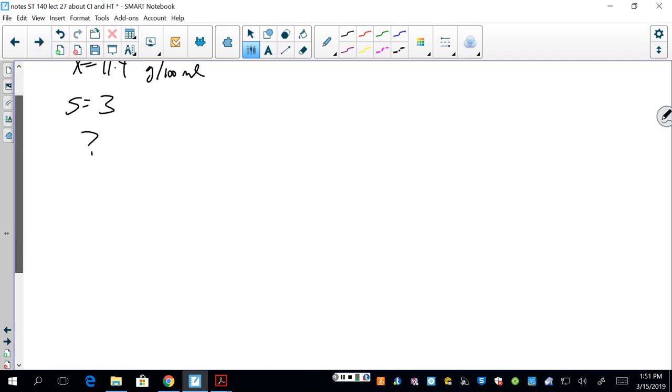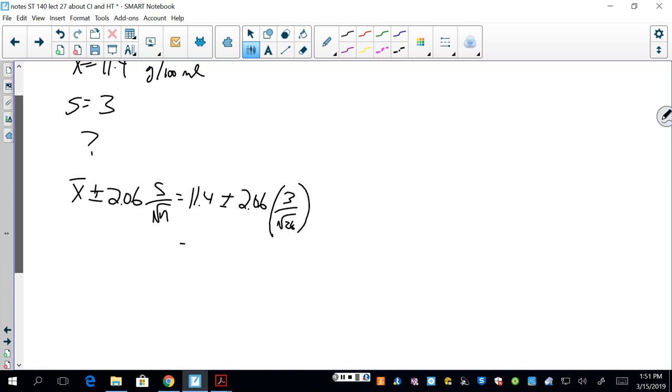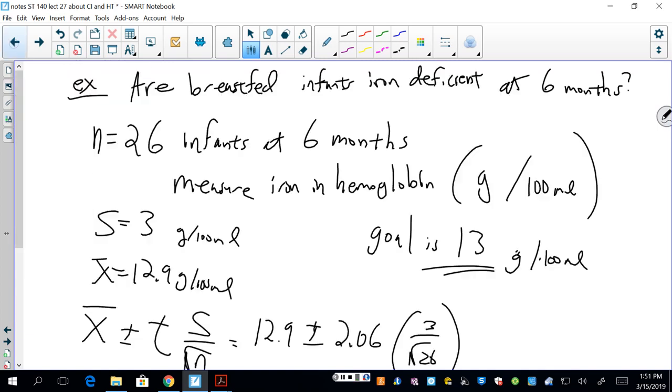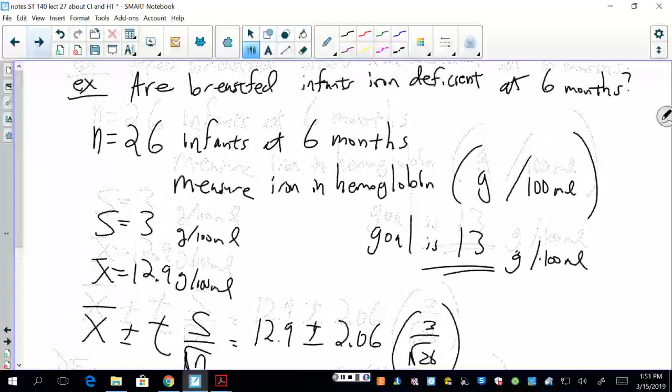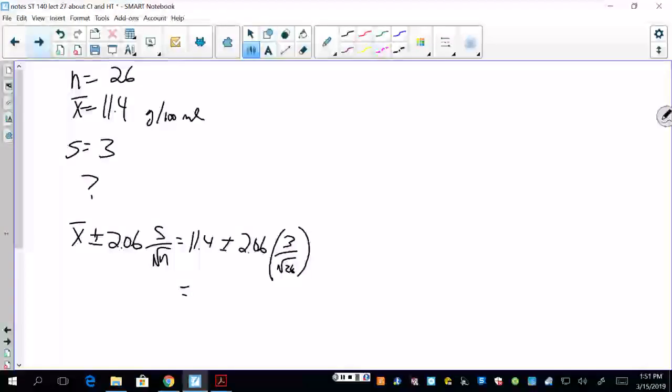Well, we follow the same procedure for a confidence interval. X bar plus or minus the 2.06 times S over the square root of n, so 11.4 plus or minus 2.06 times 3 over the square root of 26. That's 1.5 lower. Let's just put it on the computer real quick.